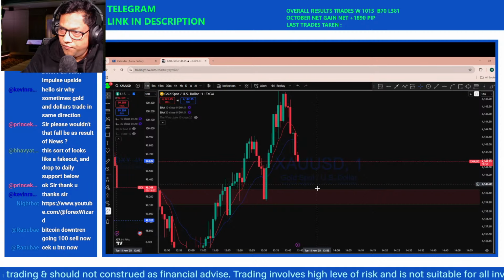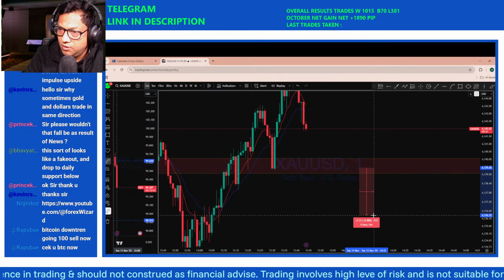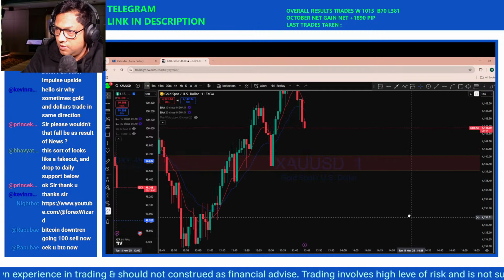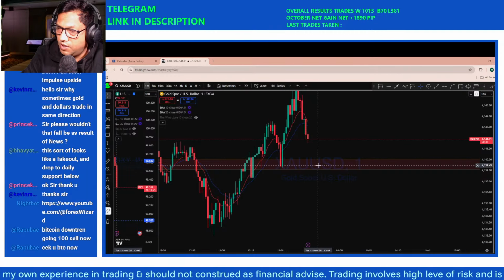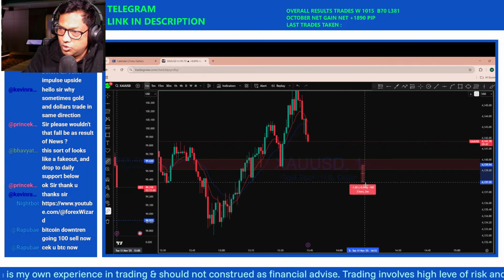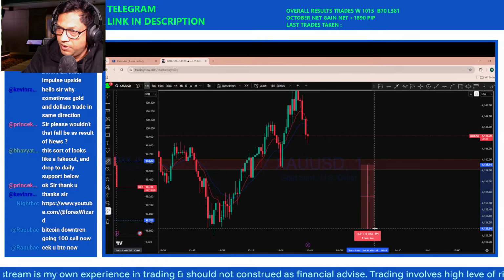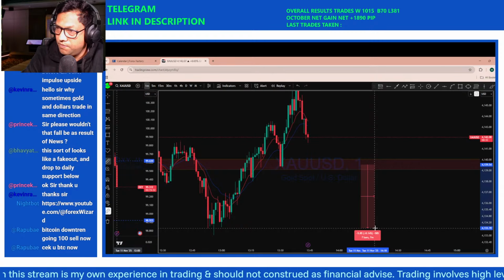First let it drop further back below, and if we enter here when the market drops, we will be keeping around 50 pip stop loss, 50 to 55 pip.